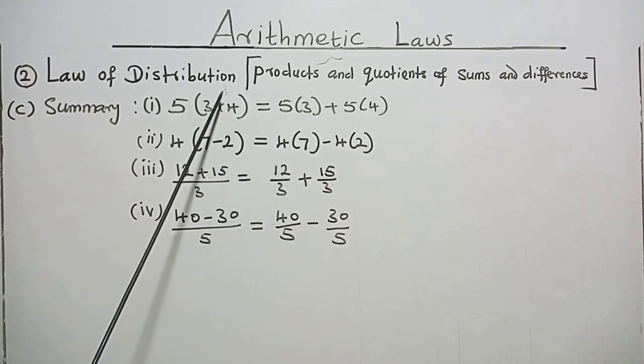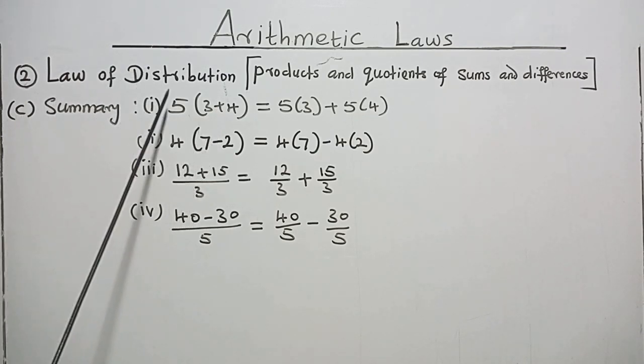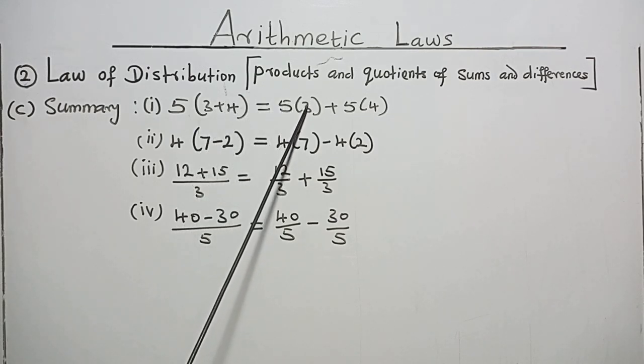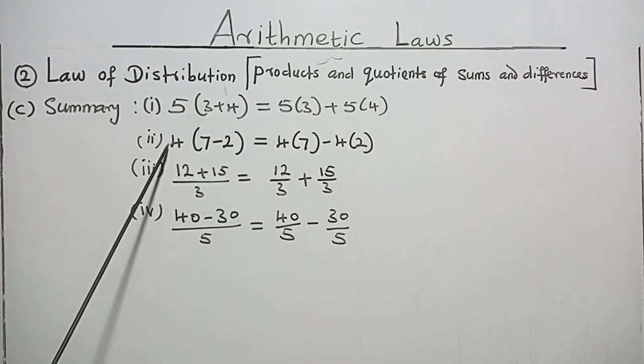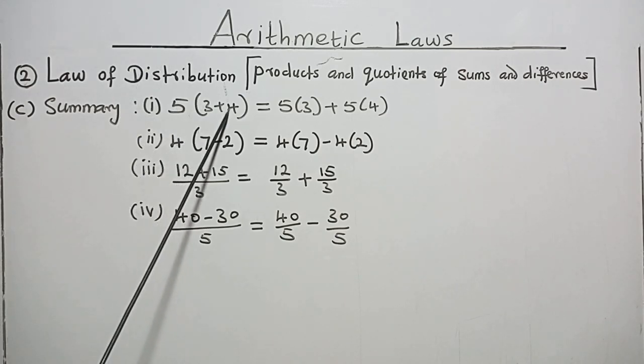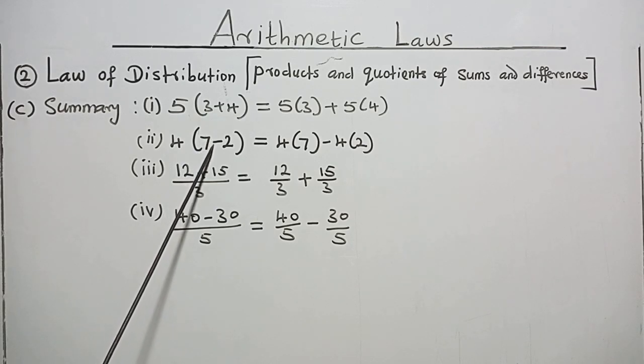So we can combine sum and difference the same way, which means when multiplying a sum, how to get the answer is the same way we get the answer when multiplying a difference. So the same pattern is used to multiply a sum and to multiply a difference, which means these two can join in one conclusion.